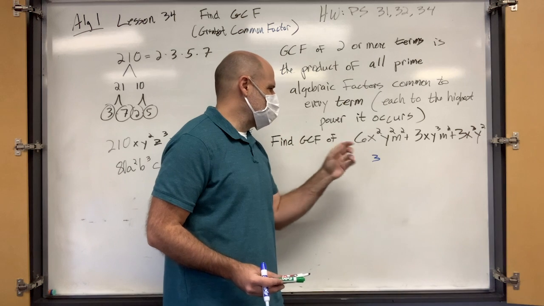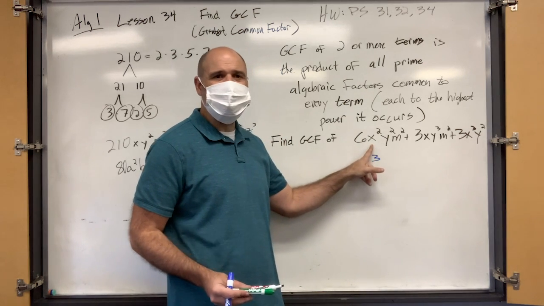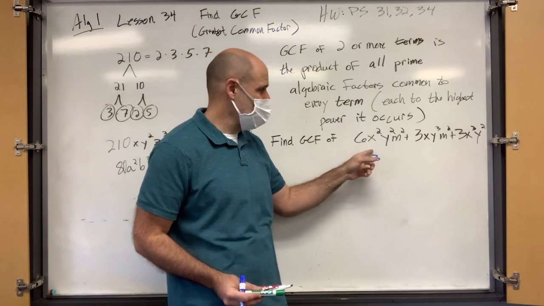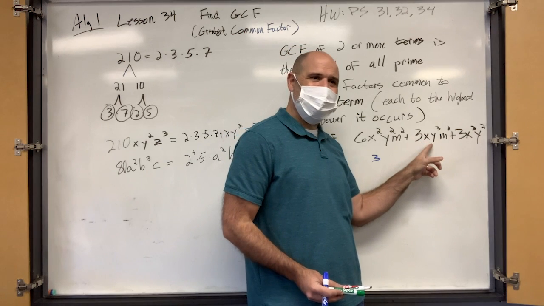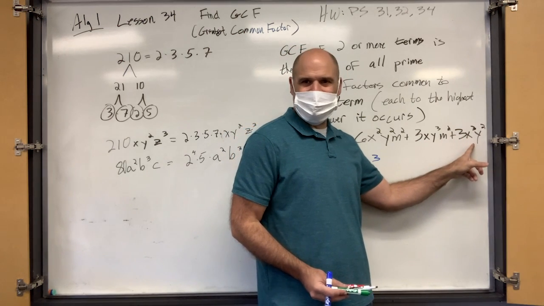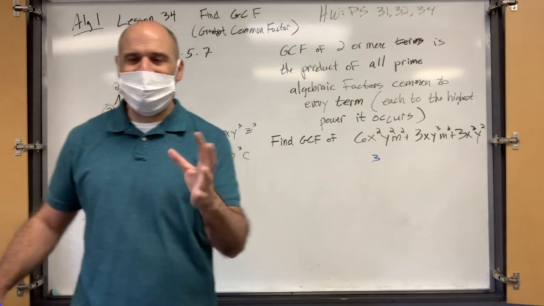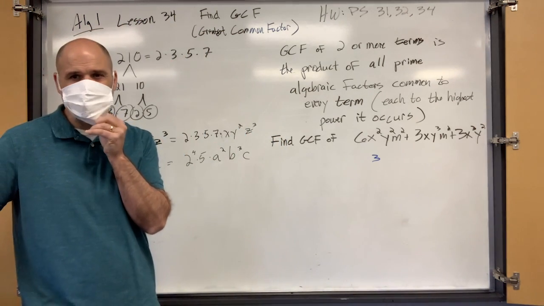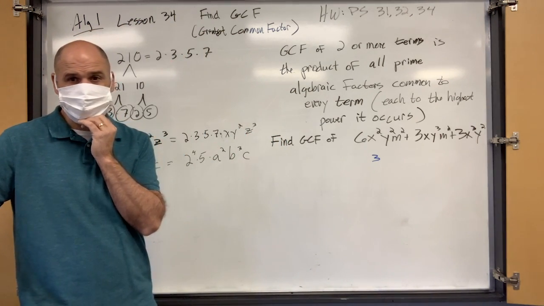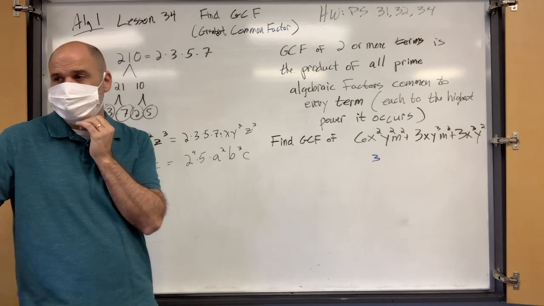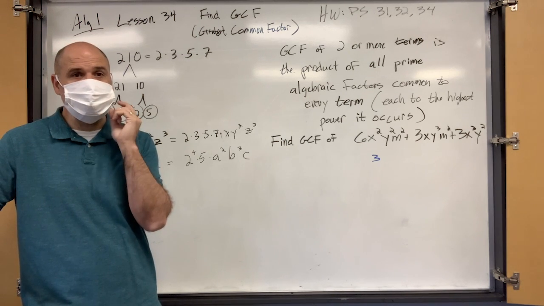But how many X's are in each term? Well, there's an XX there. There's 2 X's in this term. There's only 1 X there. And there's 3 X's in that term. So out of all 3 of those terms, what do they have in common? How many X's? They all have at least 1.